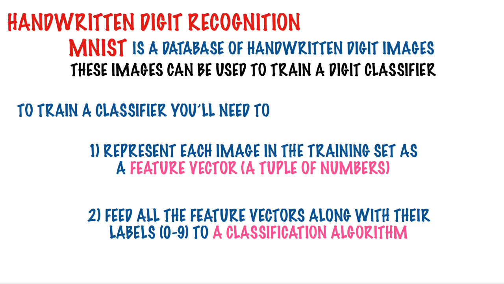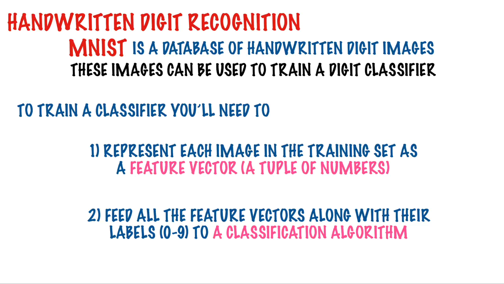The classification algorithm will learn from the training data the relationship between the features and the label. Then when you give it a new image, it will be able to look at the features of that particular image and say which digit it is between 0 to 9.